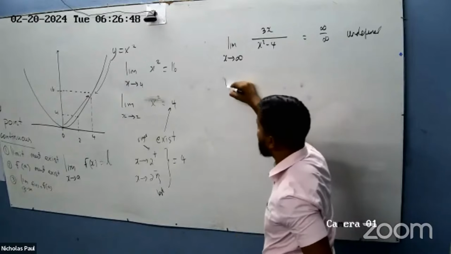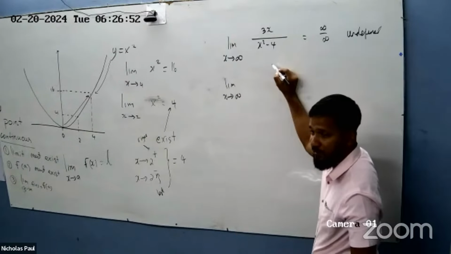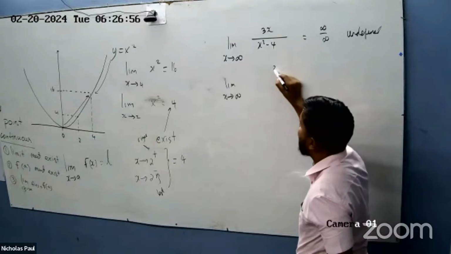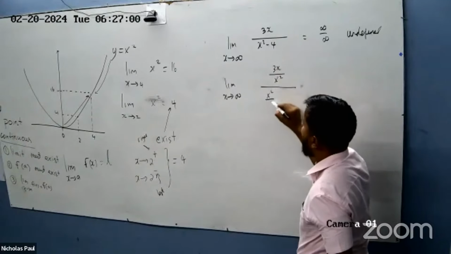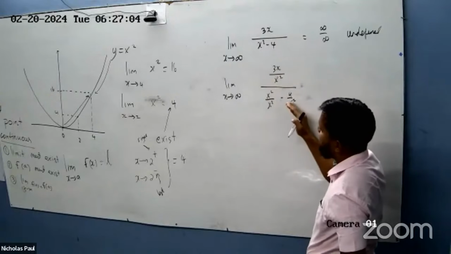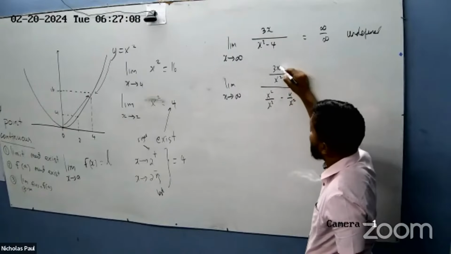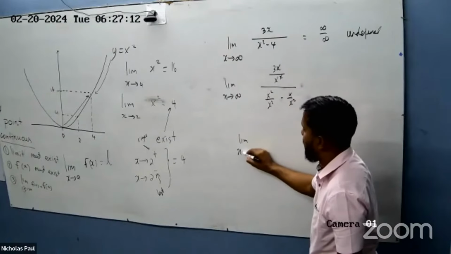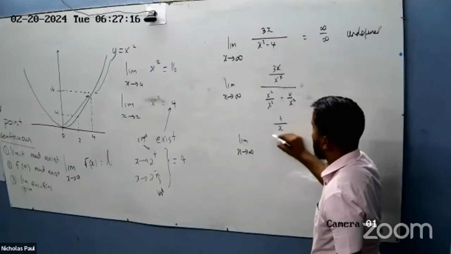So now let's try something else. Let's try to divide by the highest power of x. The highest power of x is 2, so I'm going to divide all these terms by x squared. The objective is to simplify to get an answer. What would happen here? This will cancel. So you'll get 3 over x.